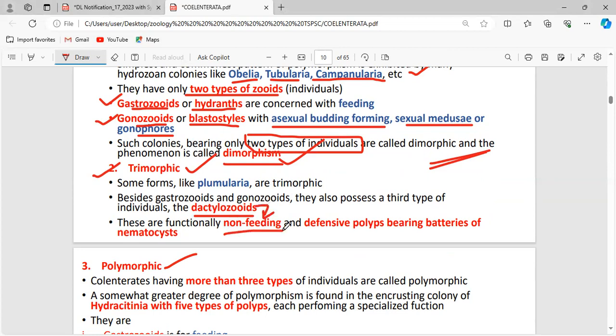They are not going to feed anything, because for feeding we have gastrozoids or hydranths. Dactylozooids are defensive polyps bearing batteries of nematocysts. So what is the function of dactylozooids? They are involved in the defense function. That is said to be trimorphic. And what is their example? Plumularia. Plumularia exhibits the trimorphic form. That's all about trimorphic.